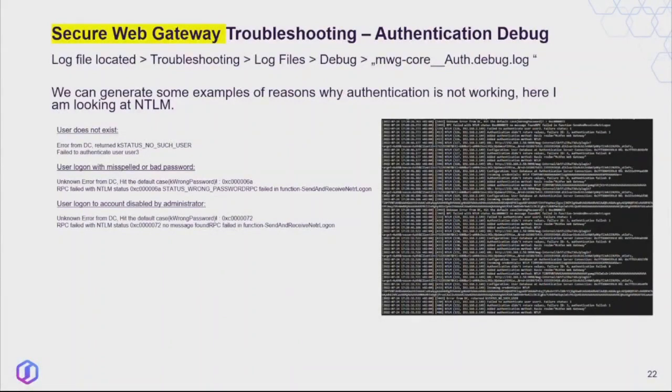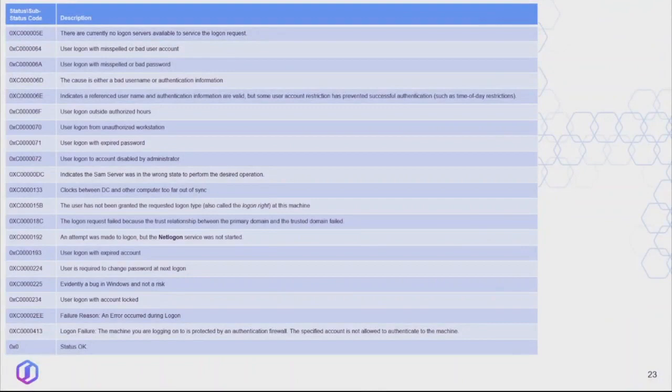These error codes can be checked from Microsoft. I've got a list actually on the next slide. I took it from one of Microsoft's references, but here we can see that 72 is user login to account disabled by administrator.